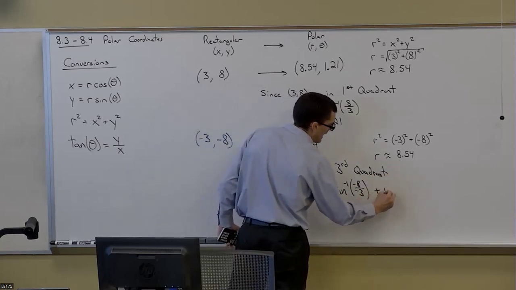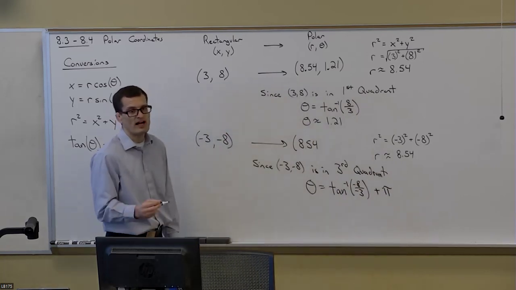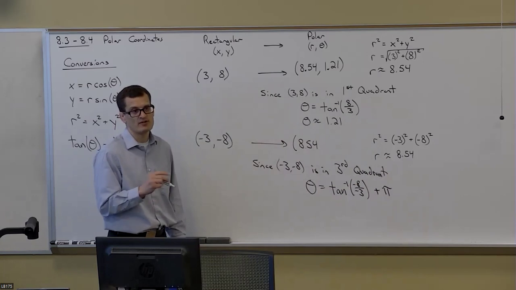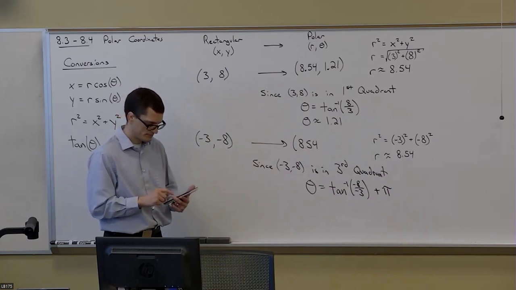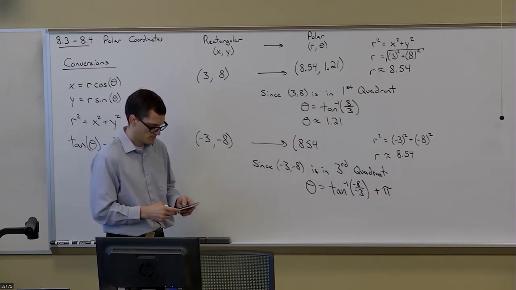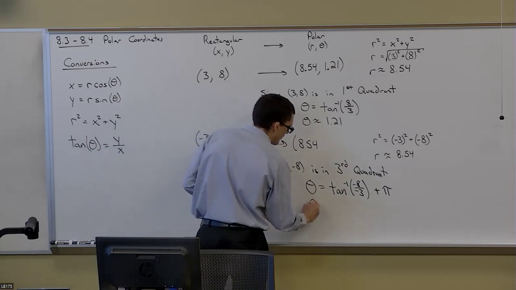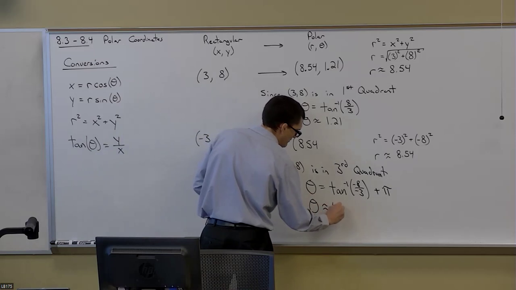And then we're going to add pi to that because I know inverse tan is going to give me something in either the first or fourth quadrant. And so you get an angle which is approximately 4.35.